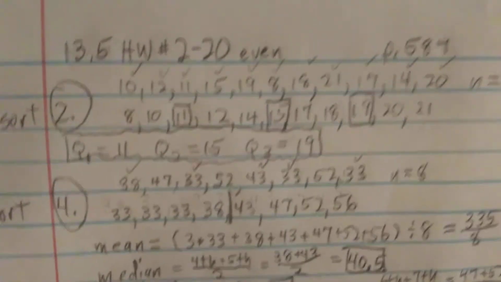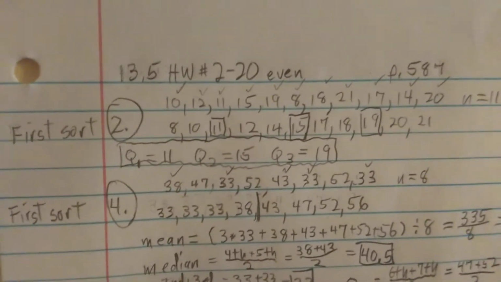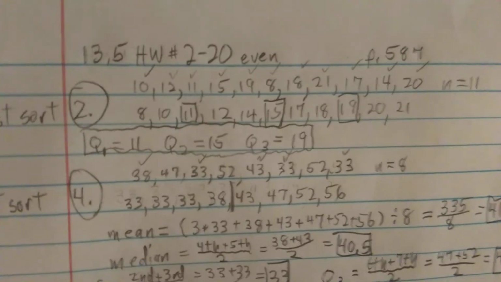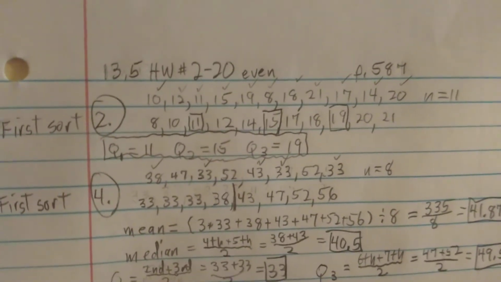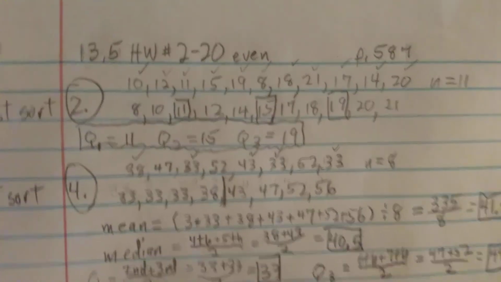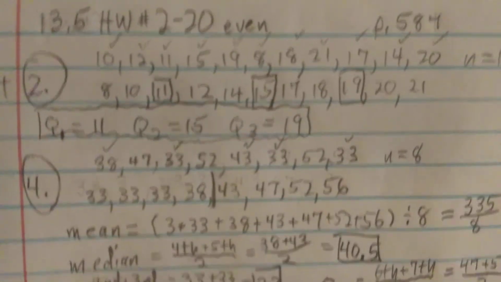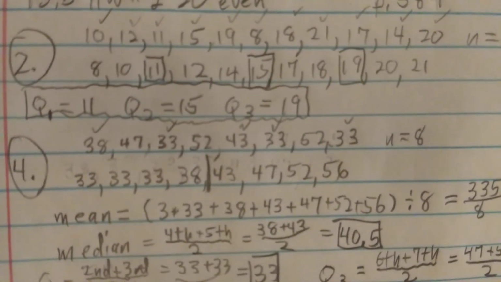Okay, now the homework here starts on page 587. And again, we're given a list of 11 numbers which are on the first line, and the checks above them are me sorting them, which has to be done.